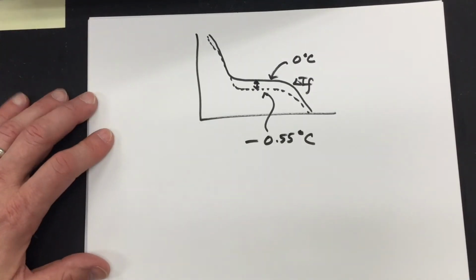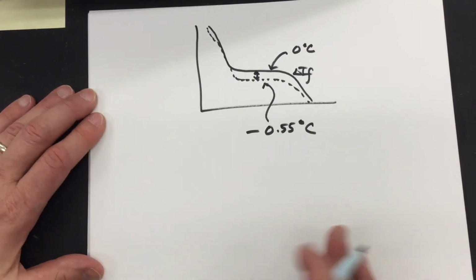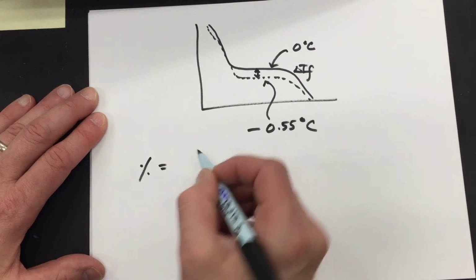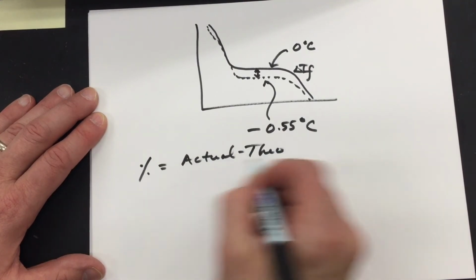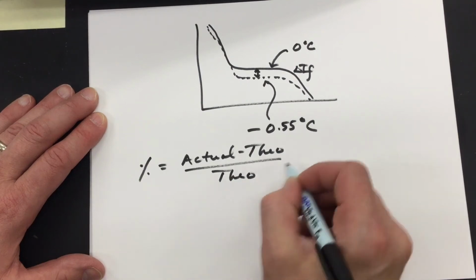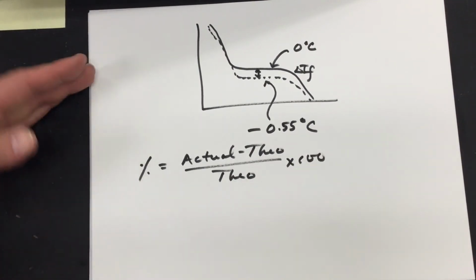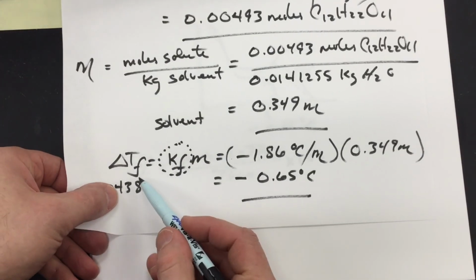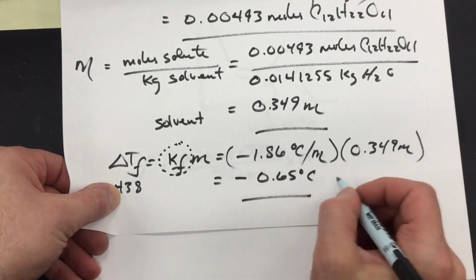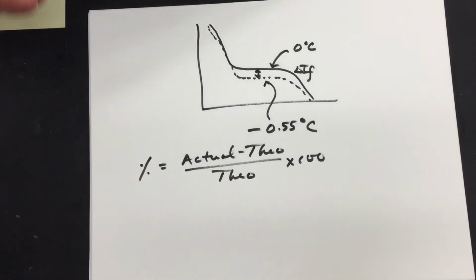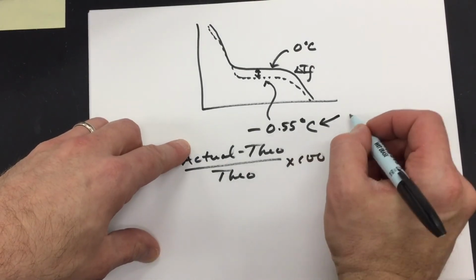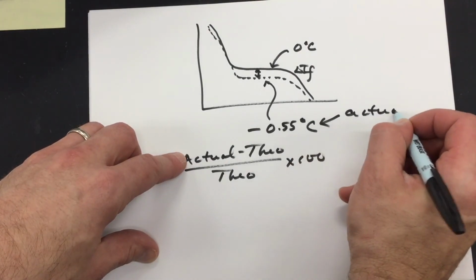I want to do percent error now. This is the last thing for your lab. To find the percent error, you take the actual minus the theoretical over the theoretical times 100. We will let this calculation here, the delta TF, we'll say that that's the theoretical. And we'll say that what you measured, this is the actual.